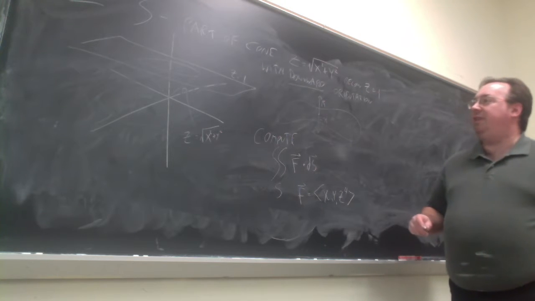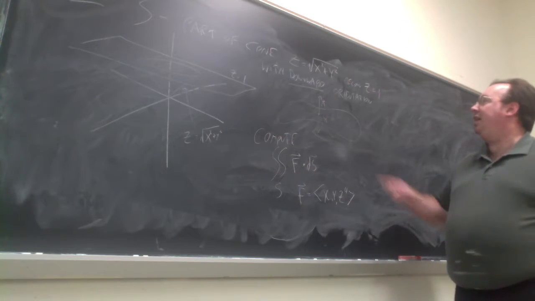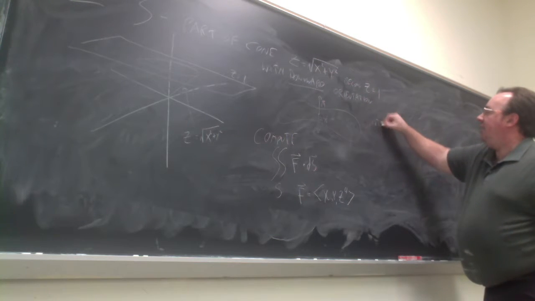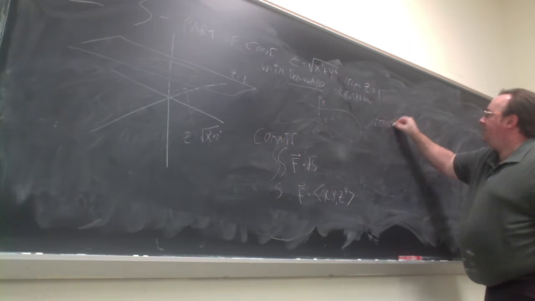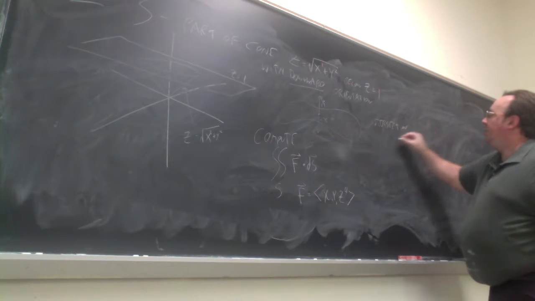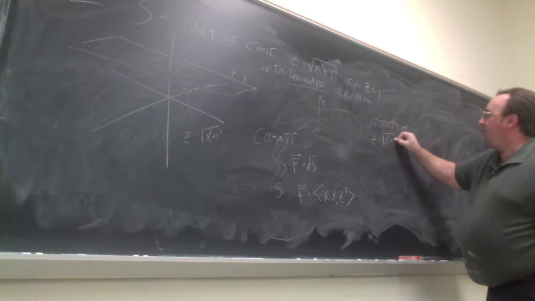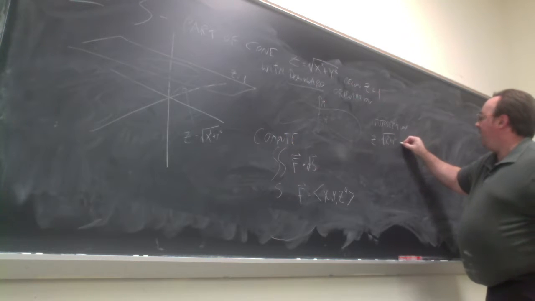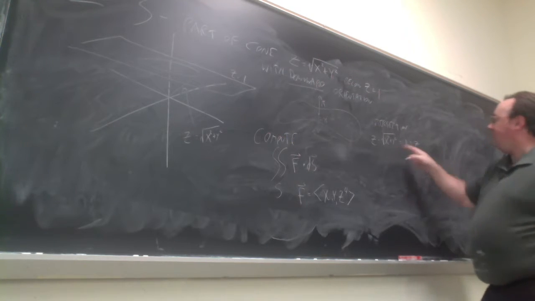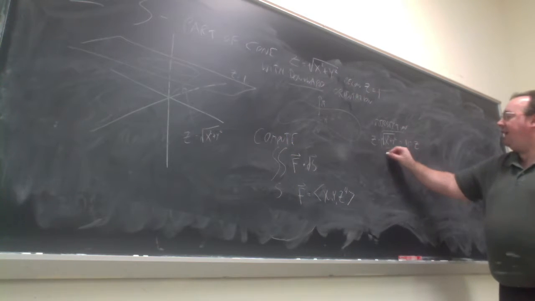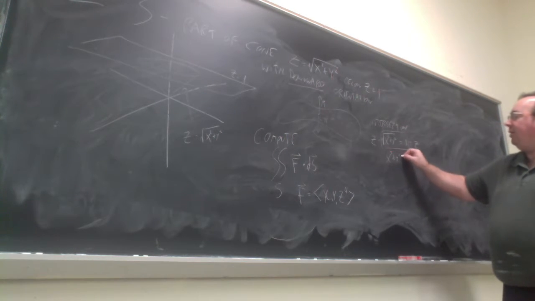And even if you don't have a picture, you can tell by intersecting these two. At the intersection, you have z equal to the square root of x squared plus y squared, and you also have z equal to 1. So now you can just take a look at this. You have x squared plus y squared equal to 1.